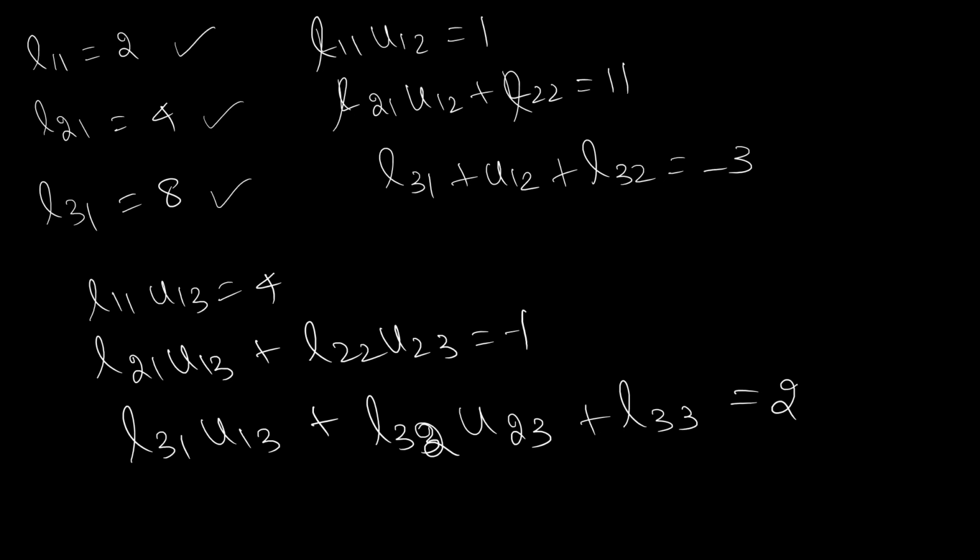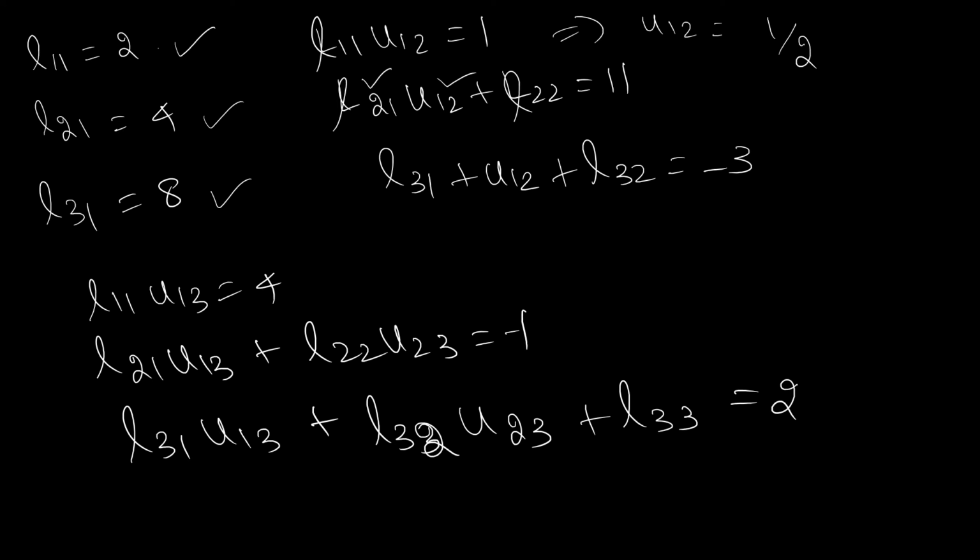And when you see here the second one, L11 U12. So remember, this is nothing but the first row, second column value, and this is 1. Now we already know L11. So if I substitute here, what is U12? 1 by 2, because L11 is 2. So now you got U12. So you can substitute U12 here. You can substitute L21 already.